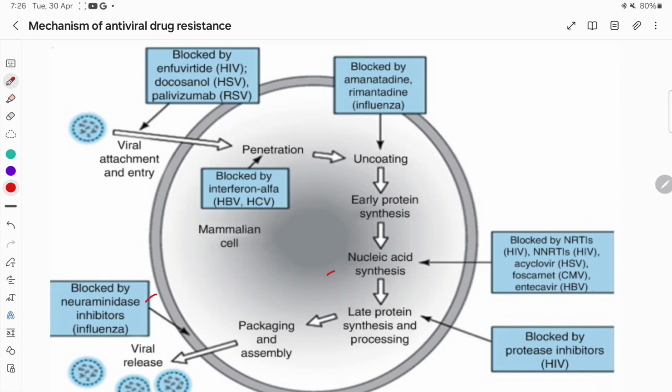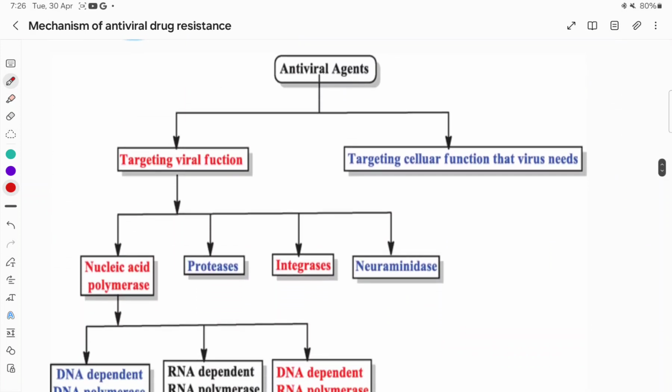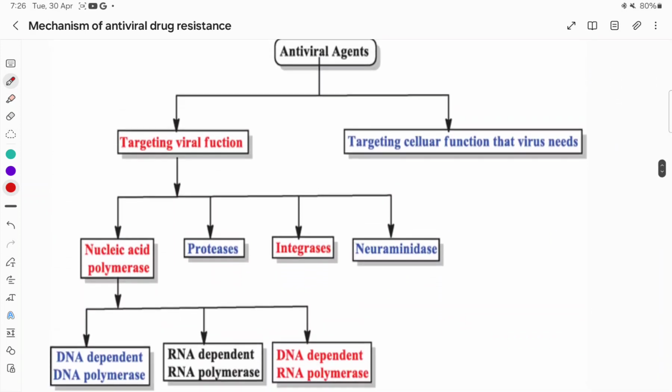So several targets can be there, and accordingly we have antiviral agents which, based on the mechanism of action, we can say that the viral function can be targeted by inhibiting nucleic acid polymerase, protease, integrase, neuraminidase, and the cellular function that the virus needs can also be targeted.